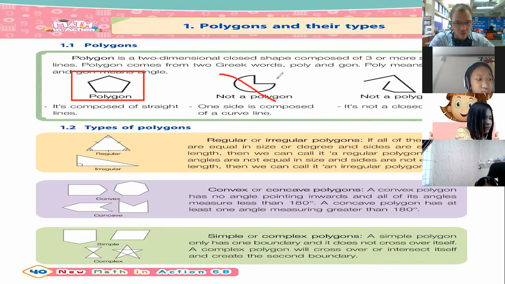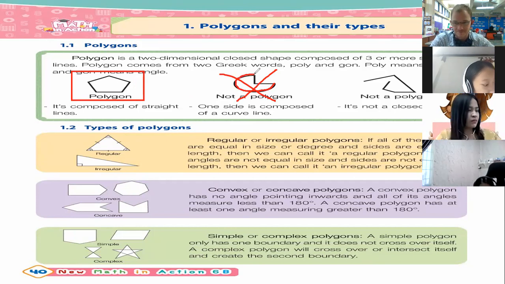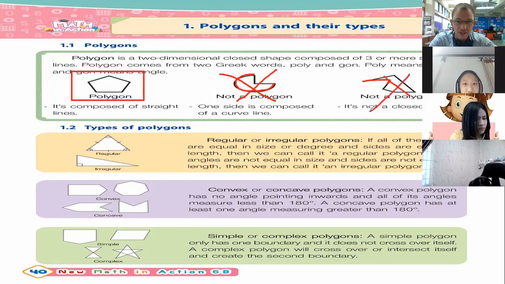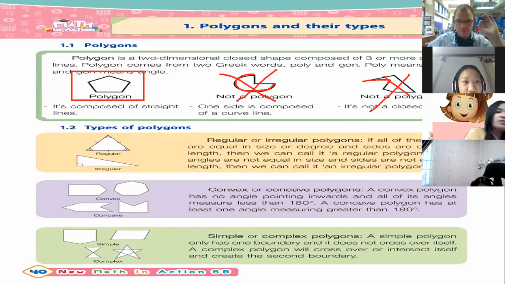This one is not a polygon because it has an arc over here, and this arc is not straight. This one has straight lines, yes, but it does not close over here. So it's open, meaning it's not a polygon. A polygon is a 2-dimensional closed shape composed of 3 or more straight lines.